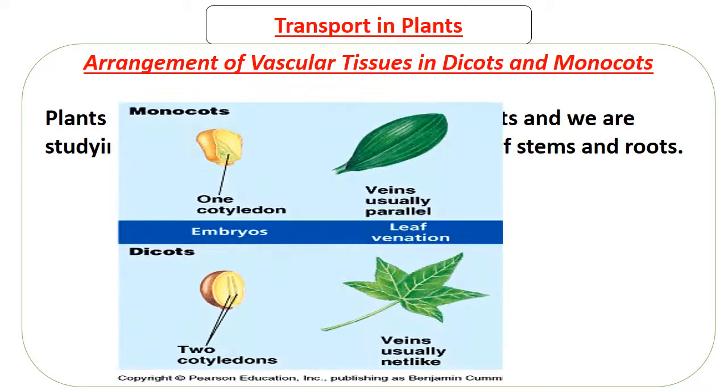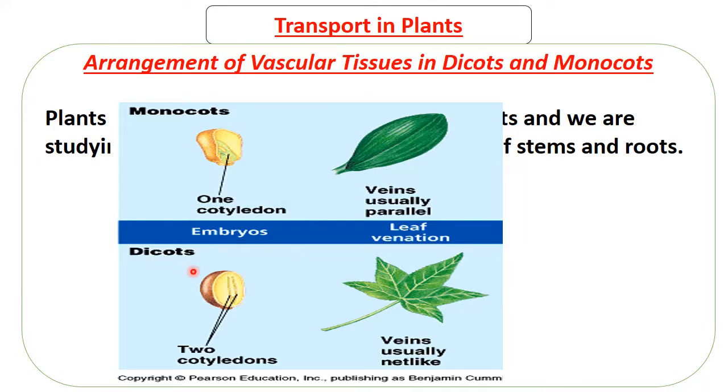We can use this to differentiate monocots and dicots. So mono means one and cot is short for cotyledon. So monocots have one cotyledon. So if this is a seed, there is a part where a shoot comes from called a cotyledon, and monocots have one cotyledon. Then the leaves of monocots also have this kind of veins which are parallel.